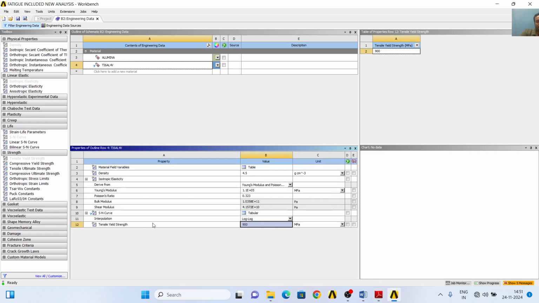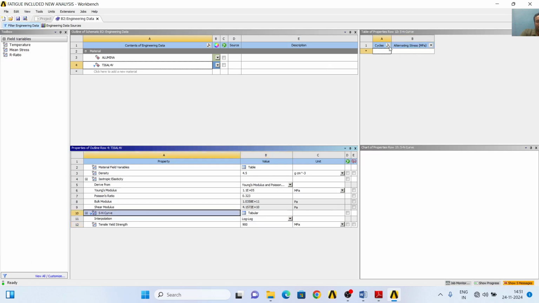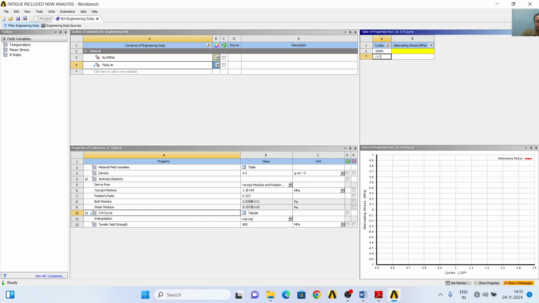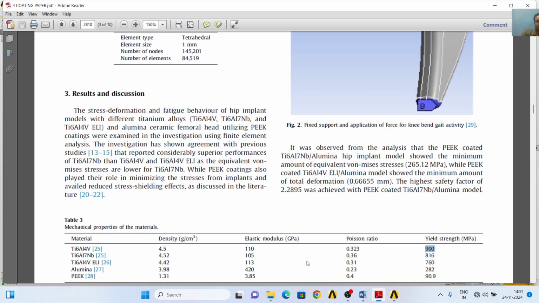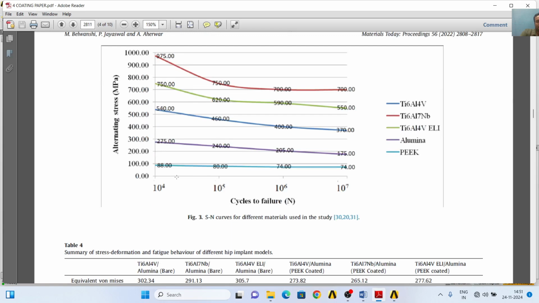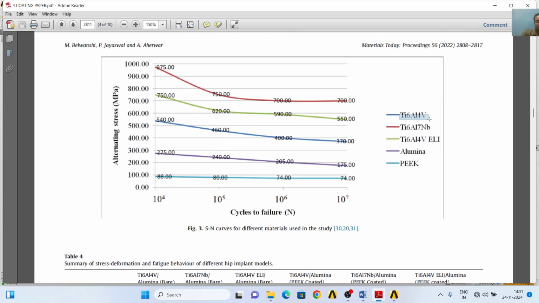Going to the SN curve data, I will write here cycles: 10 to the power 4 cycles, 10 to the power 5 cycles, up to 10 to the power 7 cycles. What are the alternating stresses for titanium 6Al4V?